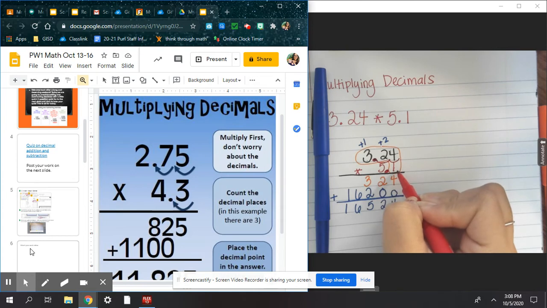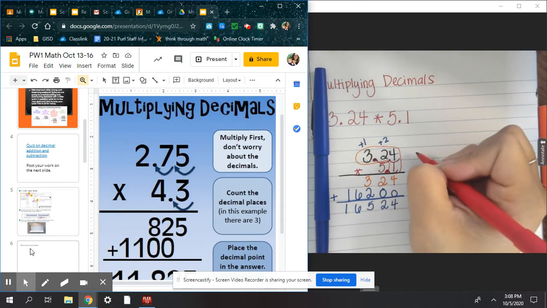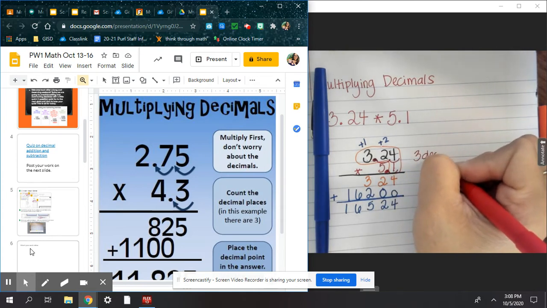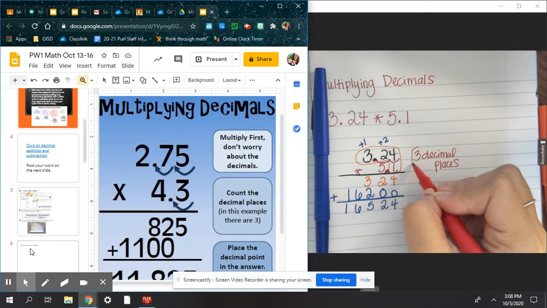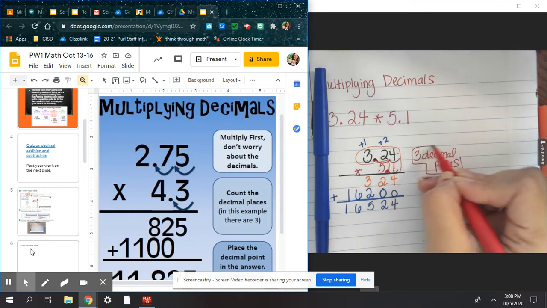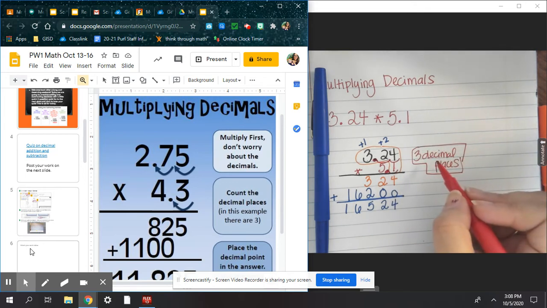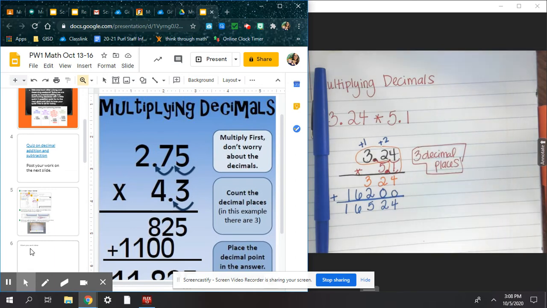Here's my decimal place, 3. So I have 3 decimal places. Okay. Now, this is crucial because this is how many places I'm going to move my decimal.